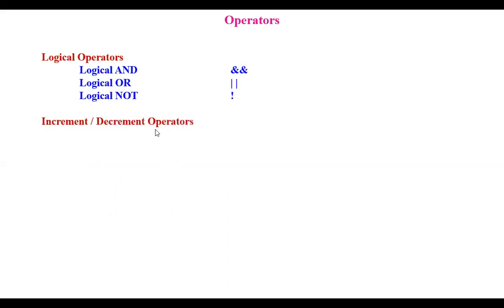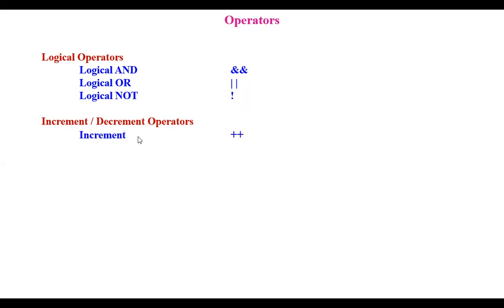Similarly, logical operators. We perform logical AND, right? For that, we have a symbol like this, and logical OR, or logical NOT. These are the logic operations we perform. Next are the increment or decrement operators. Increment means increasing by something; decrement means decreasing.